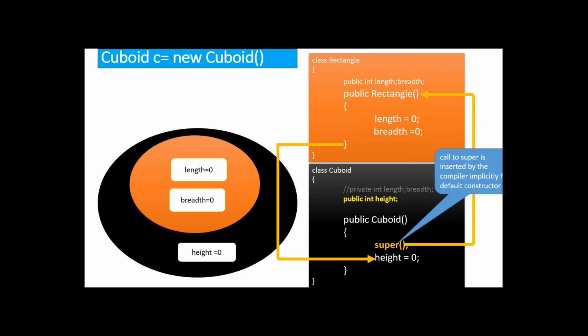This is how it happens implicitly. So that is why we say constructors are not inherited. There is a call to the constructor of the parent class that is inserted by the compiler using the super keyword. Is that clear?